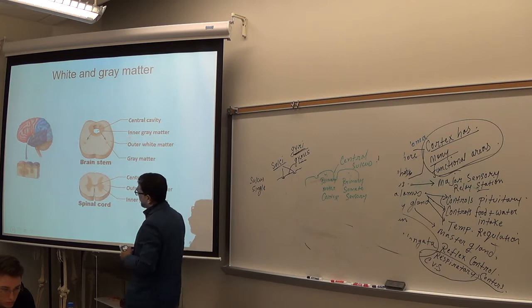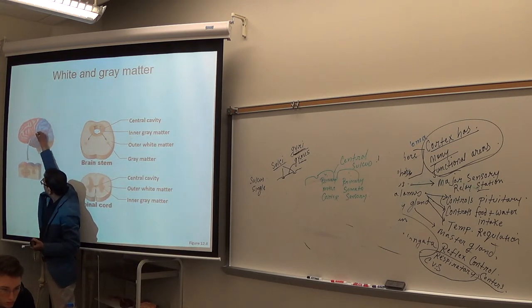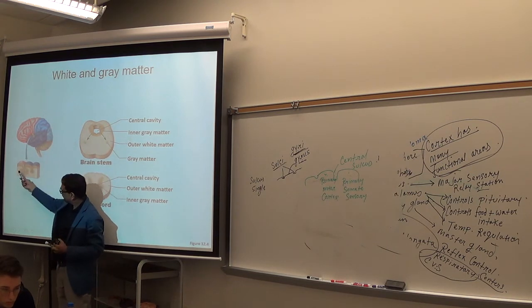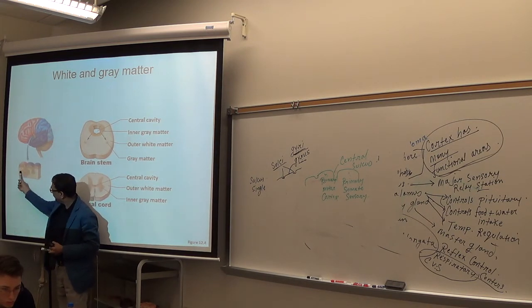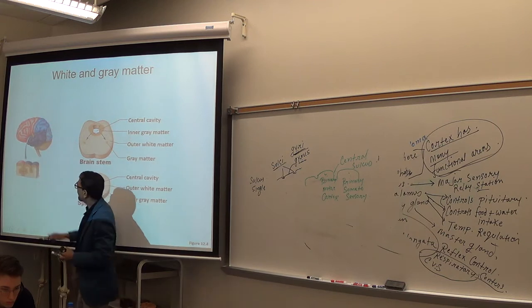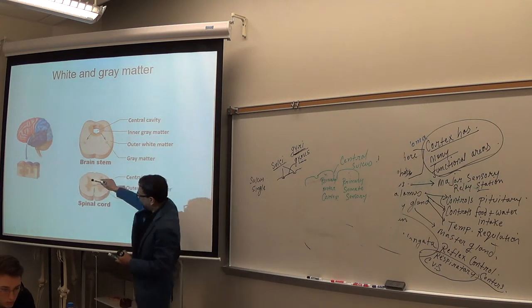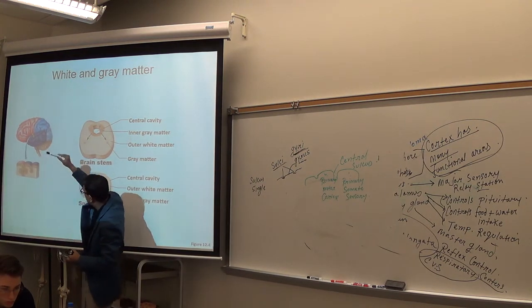Gray matter, white matter in the cerebrum. If you cut the cerebrum and take a piece out like a cake and see, it looks like a cake, right? You see the outer part is gray matter and the inner part is white matter in the cerebrum. So the surface is gray matter. That's the cortex, the cerebral cortex.